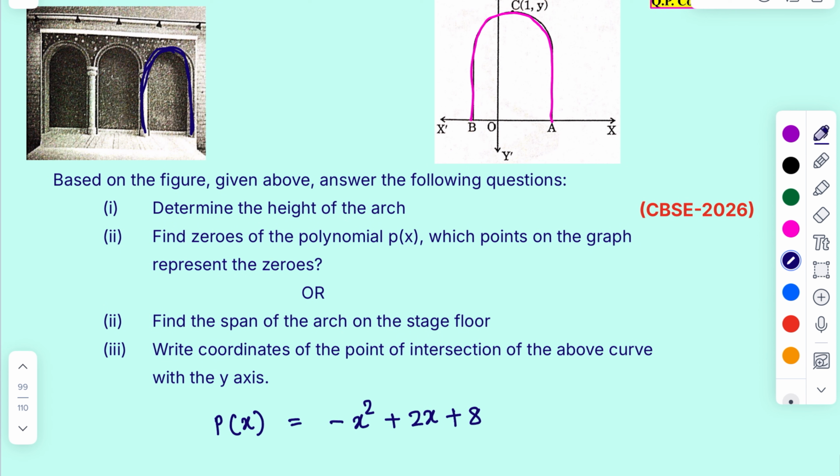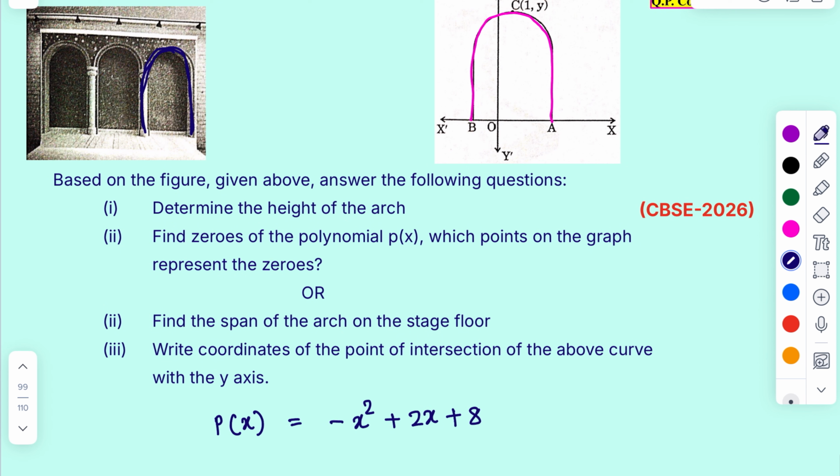These two are the intersection points of the x-axis and the graph of the polynomial.